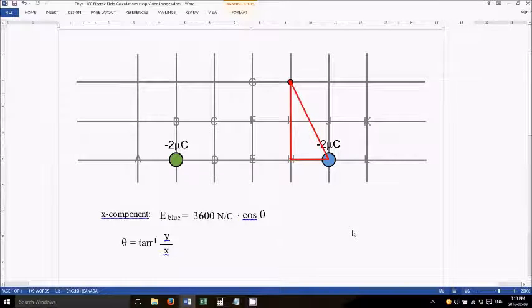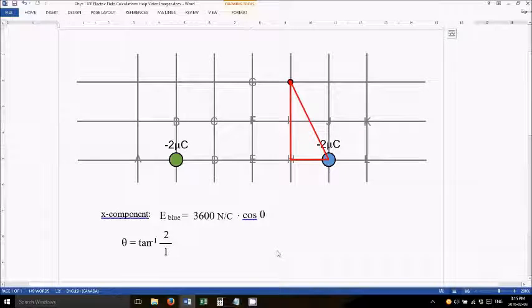So now we're going to find the x and y components of this triangle. As before, the first thing we need to do is actually figure out what this angle is. So again, we'll use trigonometry. The inverse tangent of y over x will give us our angle theta. And in this case, the y is still 2 meters, but the x is now 1 meter. So let's fill those in.